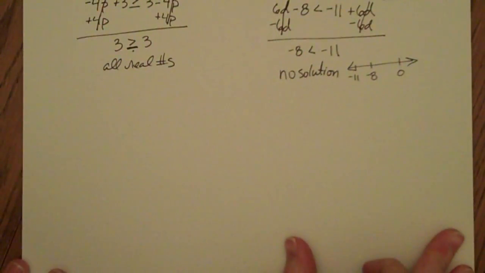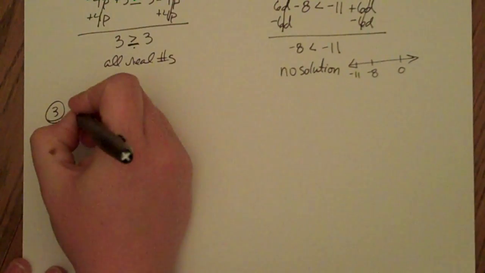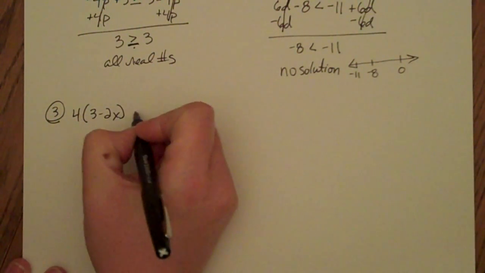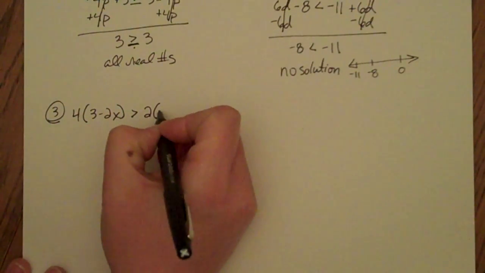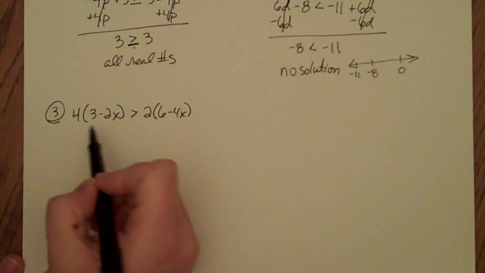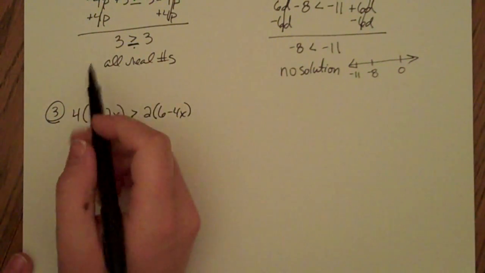Let's try another one. We have 4 times the quantity 3 minus 2x is greater than 2 times the quantity 6 minus 4x. So in this case, we've got a number times a quantity on both sides, so we want to go ahead and distribute both sides.